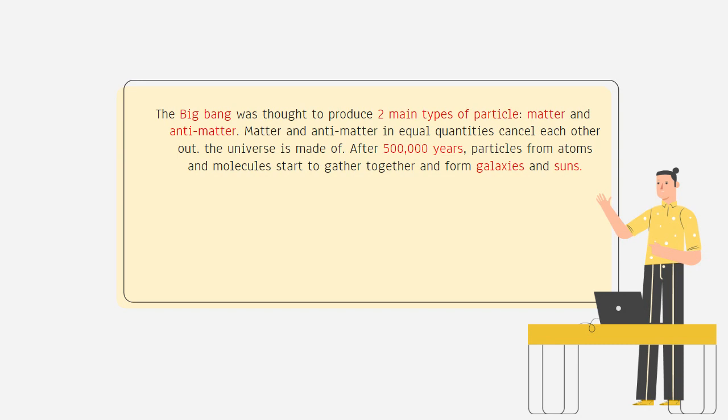For example, the antiparticle of the negatively charged electron is the positively charged positron. Matter and antimatter particles are always produced as a pair, and if they come into contact, they annihilate, leaving behind pure energy.